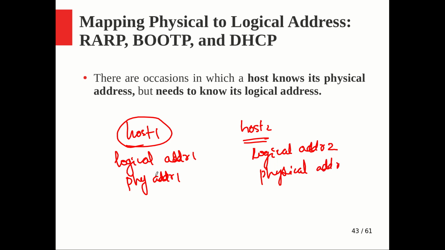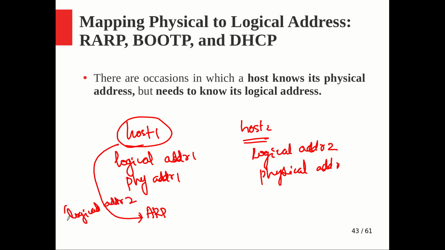With ARP, ARP is something that is run by host 1 for getting the physical address of host 2. That is a kind of requirement. So host 1 will call ARP, and it will give the logical address of host 2.